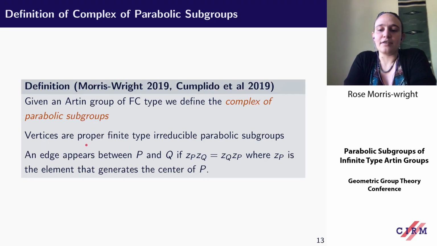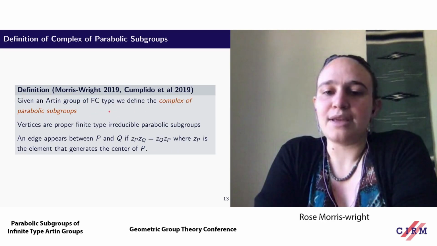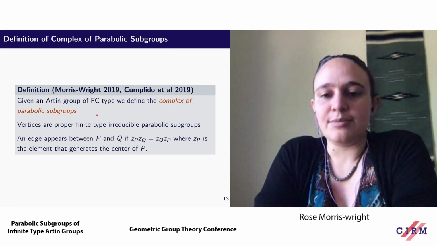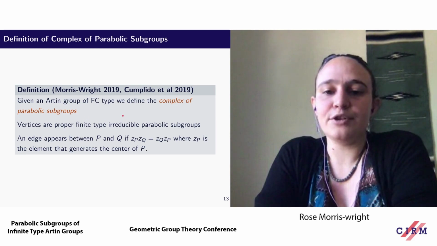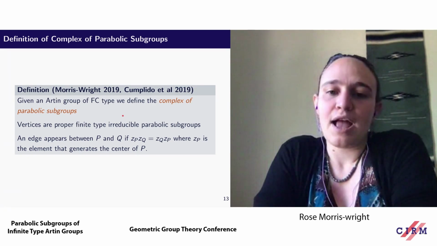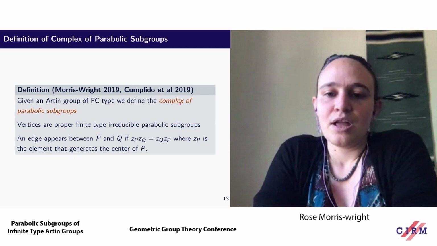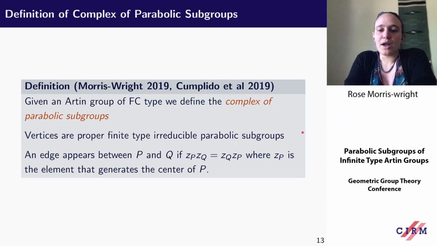Proper means they're not the trivial group, they're not the whole group. Finite type, we've already talked about. That means the corresponding Coxeter group is finite. So the entire group can be FC type, but the subgroups need to be finite type. And then irreducible means that they don't decompose as direct products. And then one of several equivalent ways to define the edges in this complex is to say that there's an edge between two subgroups if the centers of these subgroups commute.